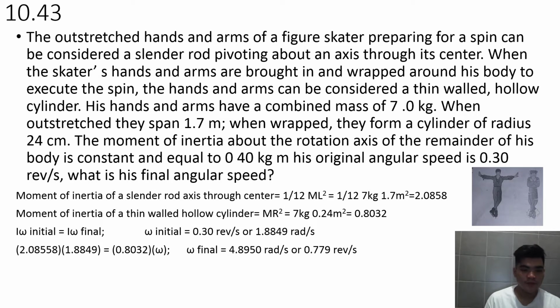Next, we find the moment of inertia when his arms and hands are brought in and wrapped around his body. The formula for this is mass times radius squared.